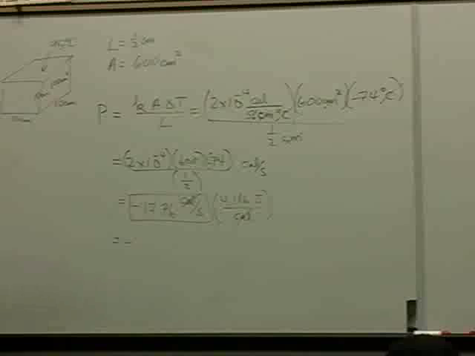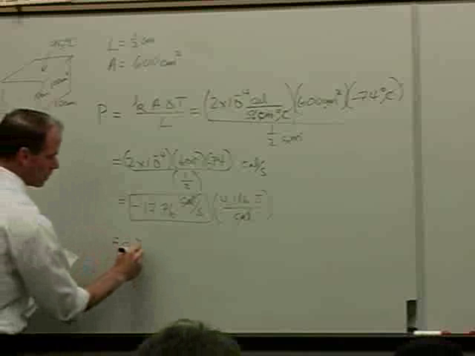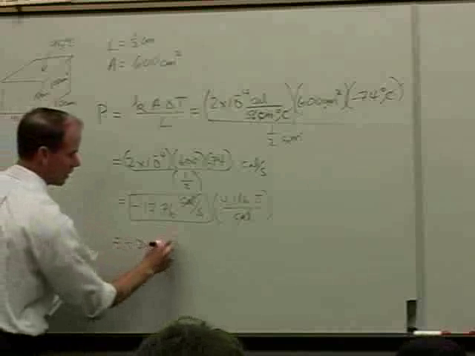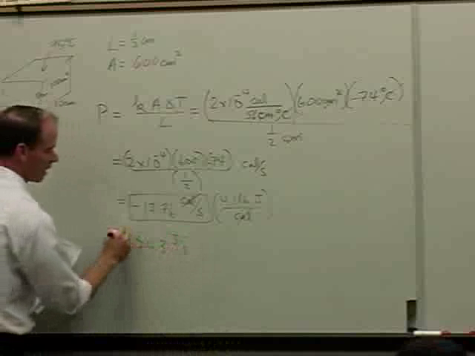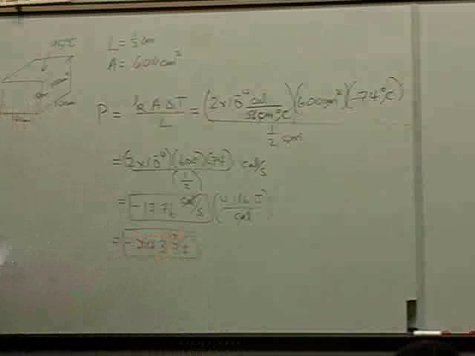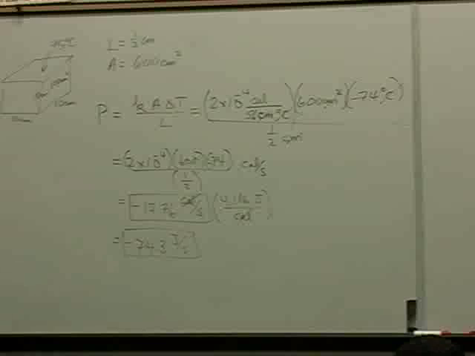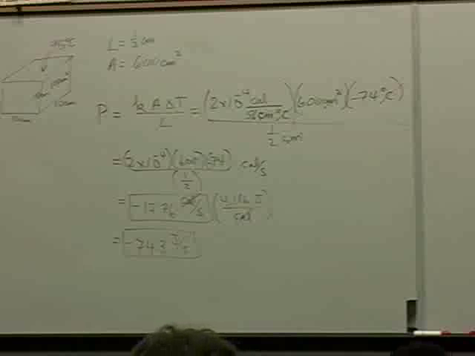That would give us a negative 74.3 joules per second, or negative 74.3 watts. Good?